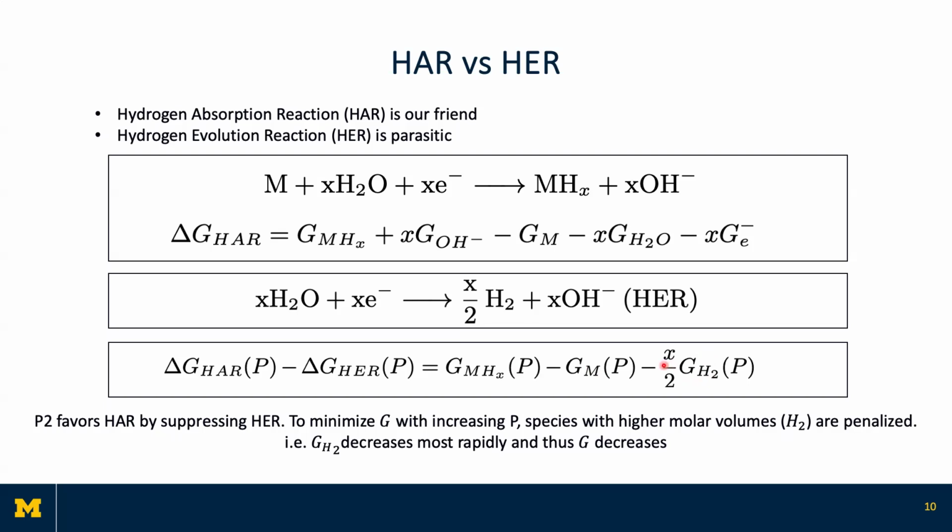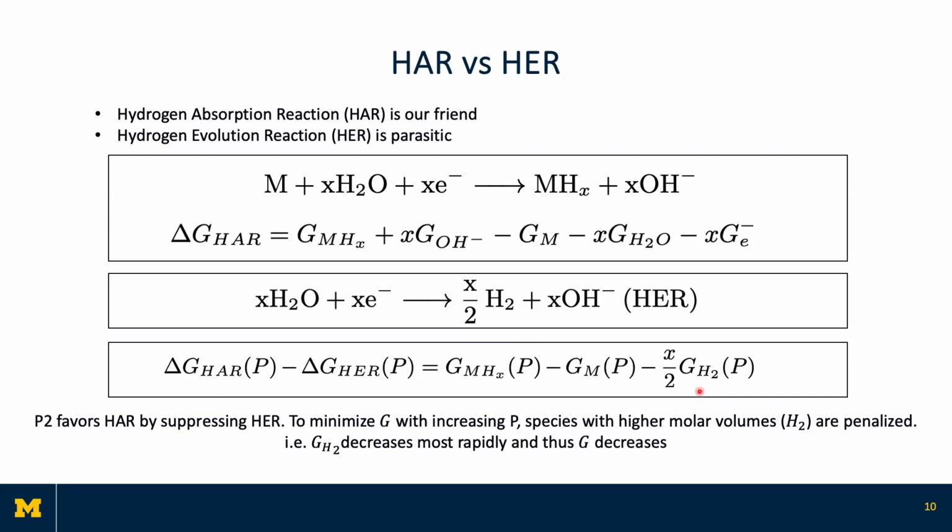So the way we think about how pressure electrochemistry works is that when you apply pressure, we favor HAR over HER because we are trying to minimize the total free energy G, right? So species with higher molar volumes, for example hydrogen, are penalized more. So it affects the chemical potential, or the G, for hydrogen significantly more than it affects the metal, right? When you compress or pressurize a solid, it doesn't change that much.